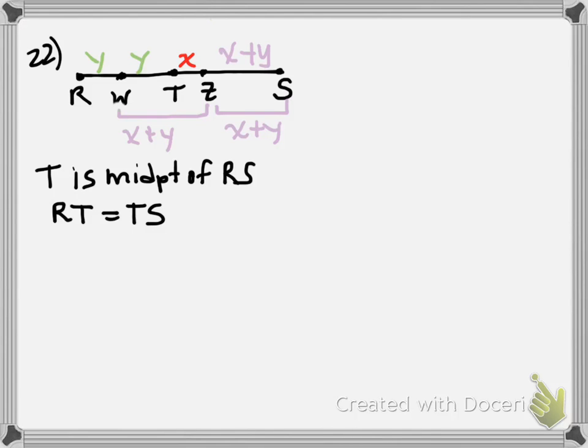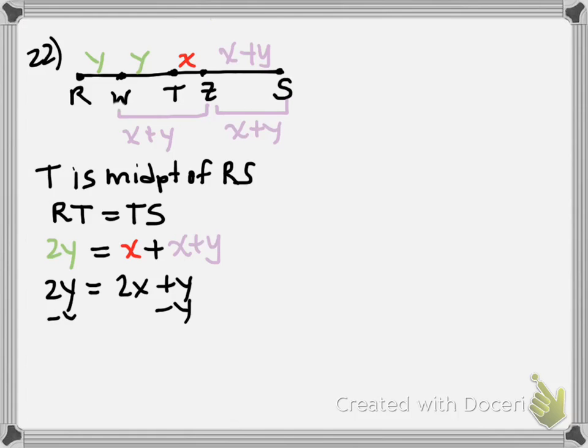Well, the length of RT totals up to give us 2y, and the length of TS is comprised of x plus x plus y. So I'm going to go back to regular colors, or black here. I got 2y equals 2x plus y.